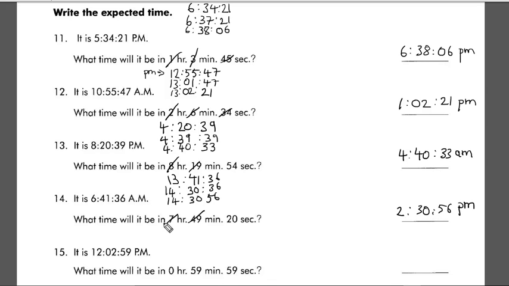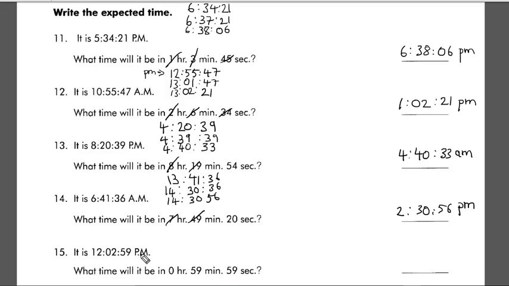Right, let's have a look at this one. There's 2 ways to think about it. All right, we can do it the same way as we've done all the others. All right, so 12:02 and 59 seconds PM. What will it be in 59 minutes and 59 seconds? Okay, so I don't need to add an hour, but I need to add 59 minutes.